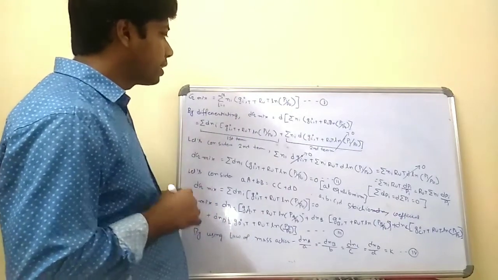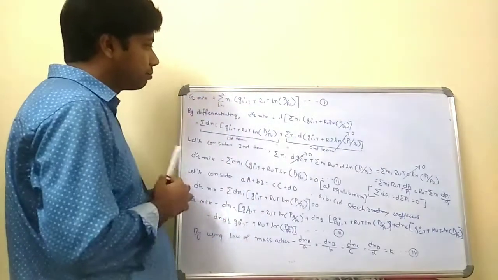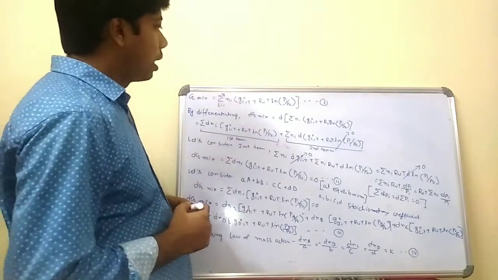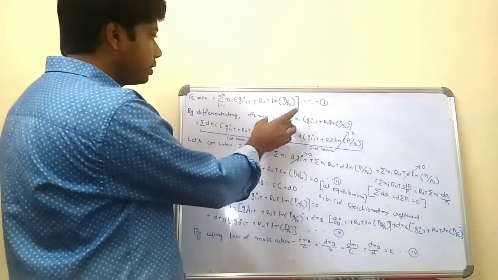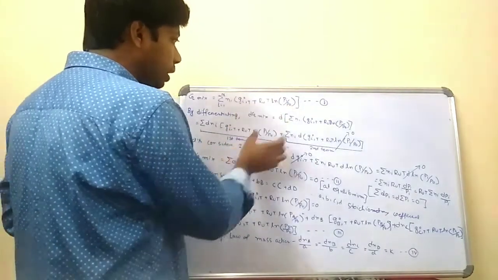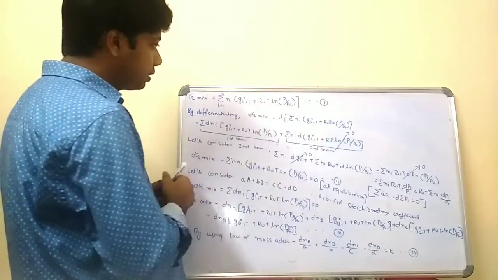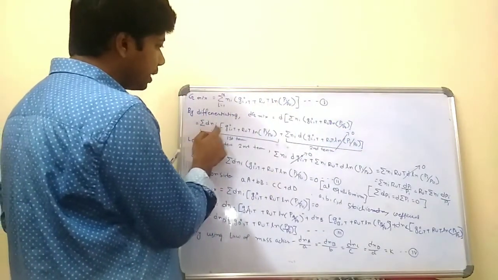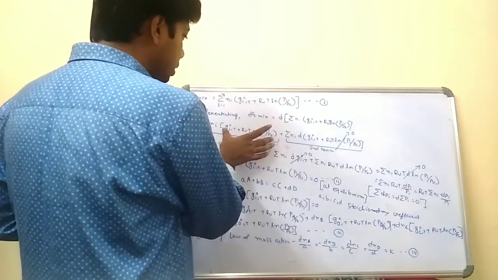Now if you differentiate that G mixture term, dG mix is the differentiation of this whole term. You get the summation of dNi into this term.